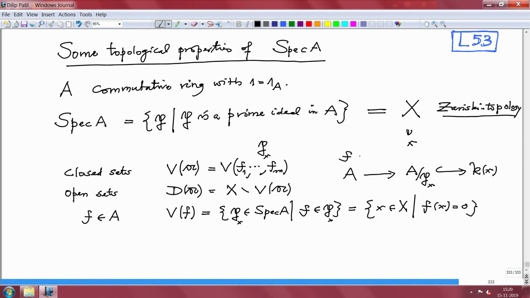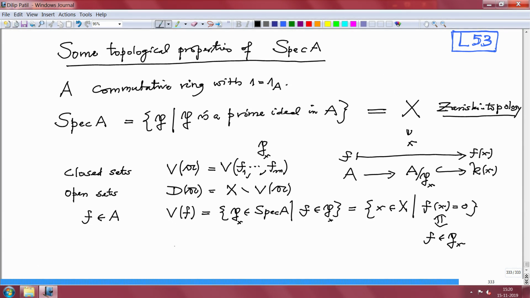This is a ring homomorphism. So the image of f under this ring homomorphism in this quotient field is denoted by f(x). That is 0. This is equivalent to saying that, because this map is injective, if f(x) is 0 here, that means it is 0 here, but that will mean that it is in P_x. So this means f belongs to P_x.